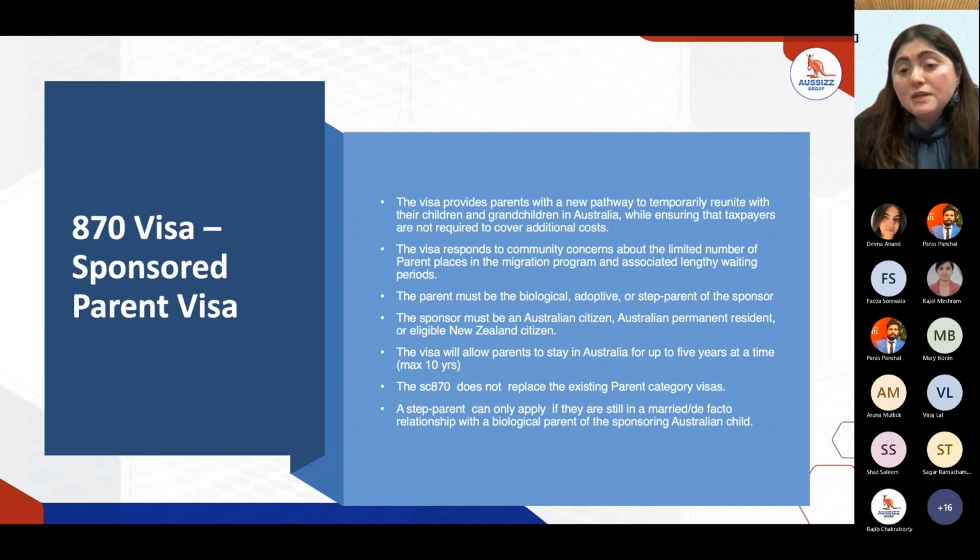This visa allows parents to stay in Australia for up to 5 years at a time and a maximum of 10 years. So if you have stayed in Australia on 870 for 10 years, you cannot apply for a further extension. The 870 does not replace the existing parent visa category.